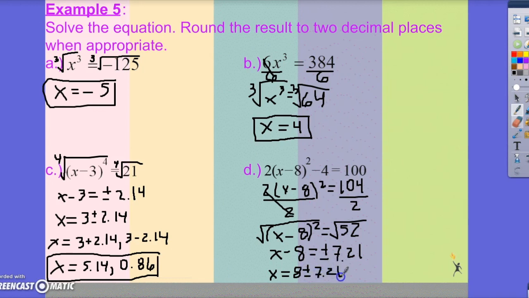Remember, you have to evaluate both of these, just like we did here with the plus in one minus another. I'm just going to go to the final answer. Make sure you can get this. We get 15.21 and 0.79.